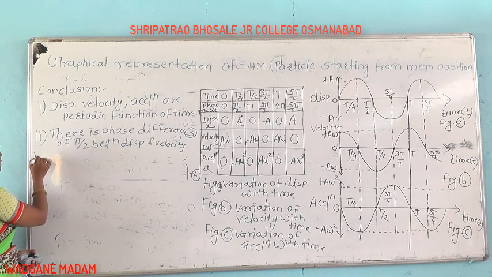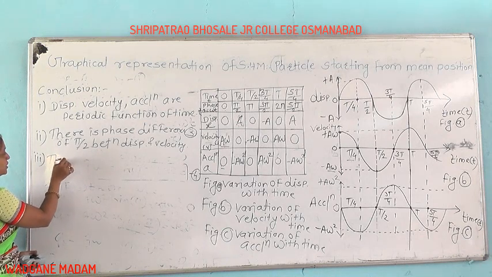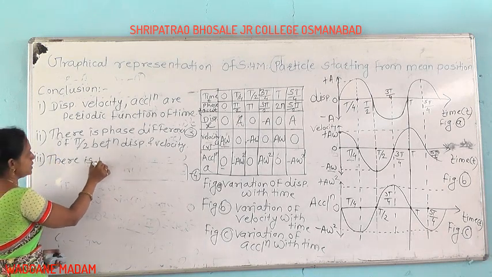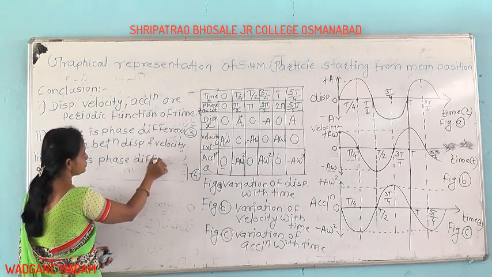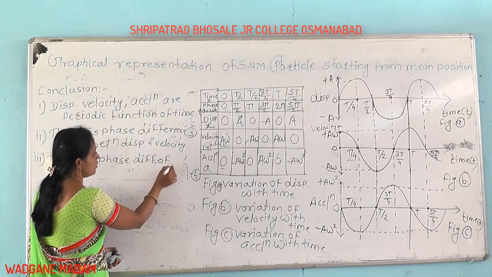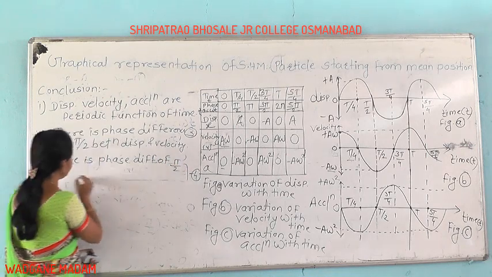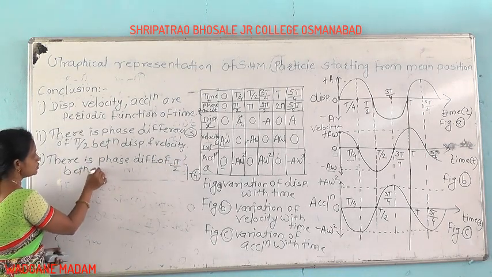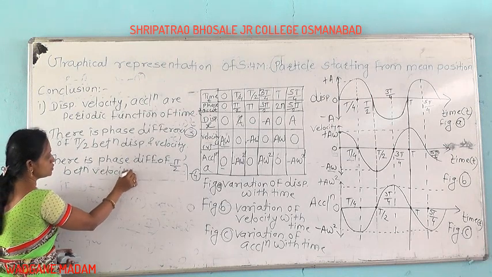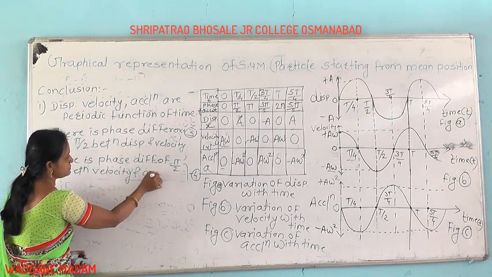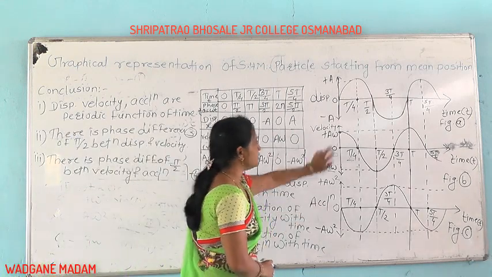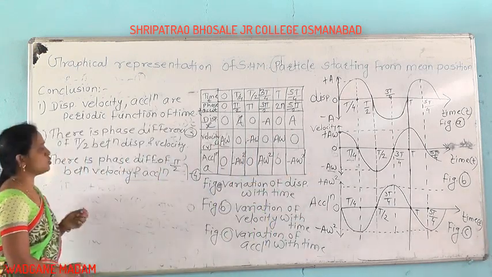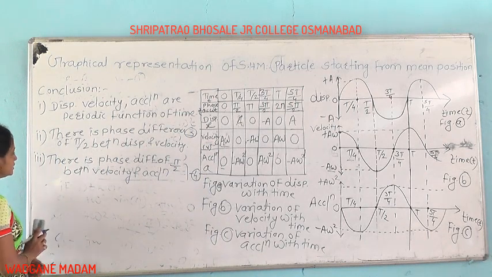After that, the third conclusion is there is a phase difference of pi by 2 between velocity and acceleration. One starts from 0, the other starts from the extreme position. Therefore, there is a phase difference of pi by 2 between velocity and acceleration.